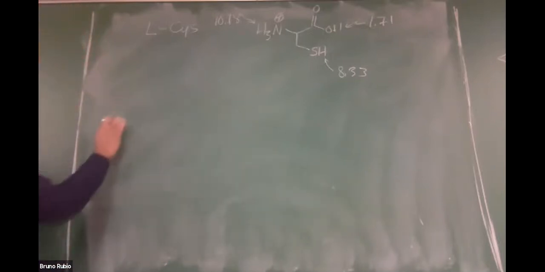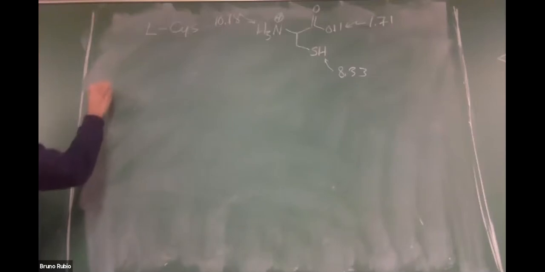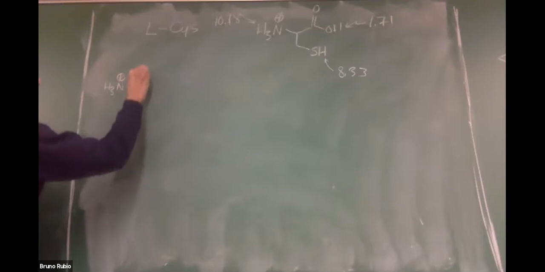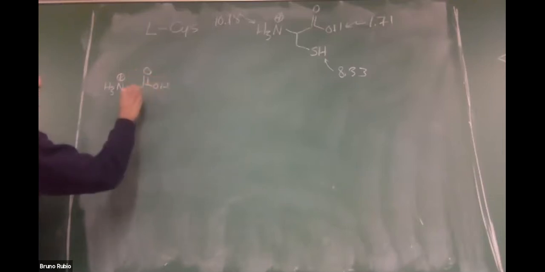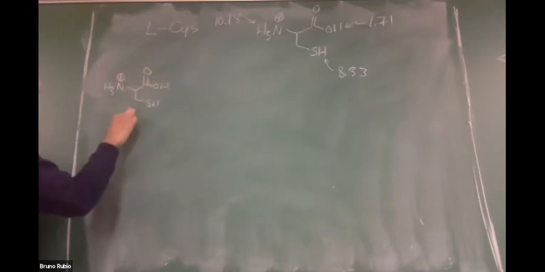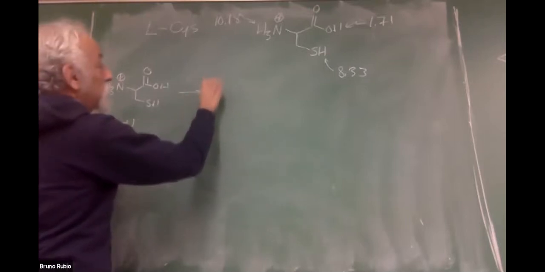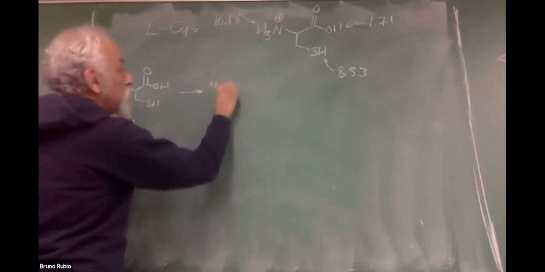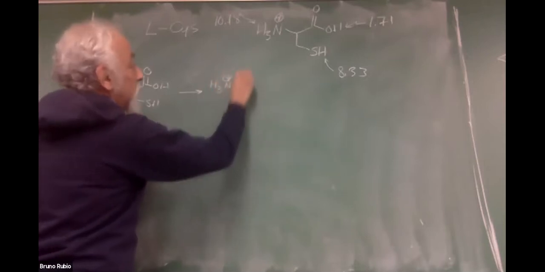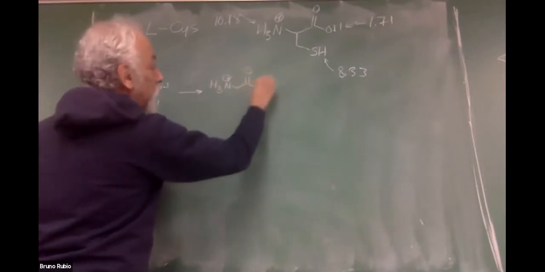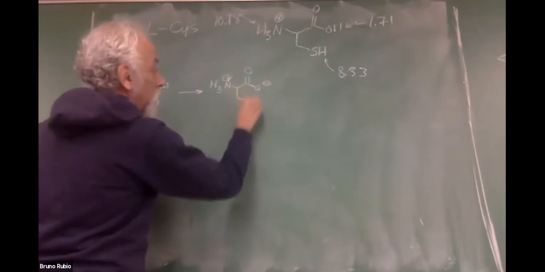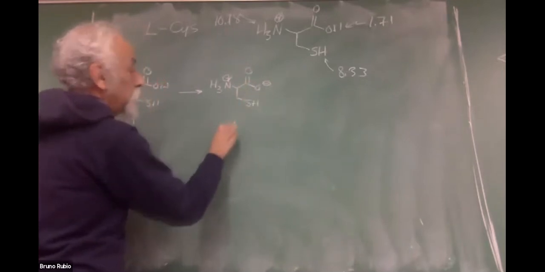Okay, so at low pH, all of the protons are going to be on. That's the +1. Okay, take away a proton. You take away the most acidic proton first. That's the carboxylic acid proton. That's the neutral.